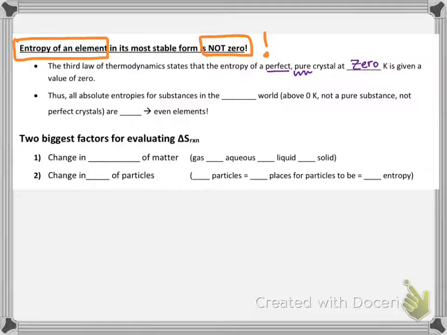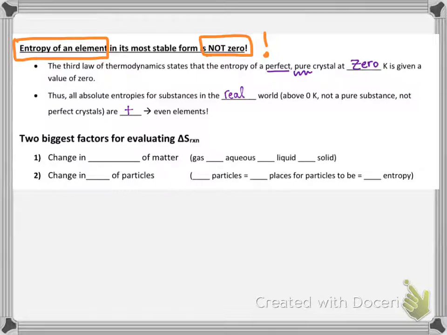So at absolute 0, a perfect crystal has no entropy. Hopefully you're realizing that that means in the real world, everything has entropy, because we're never at absolute 0, and, well, nothing's perfect. So everything we work with, even elements in their most stable form, will have a positive entropy.